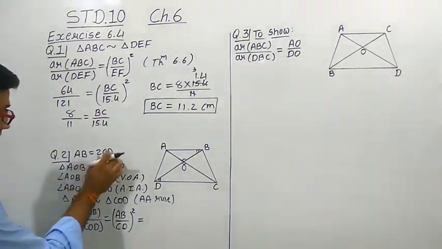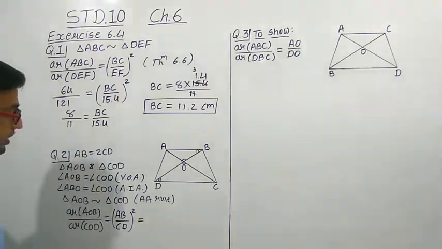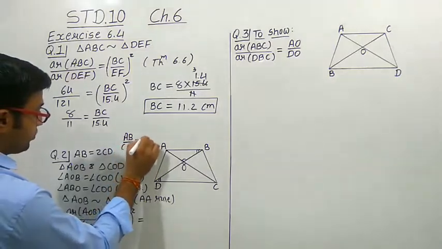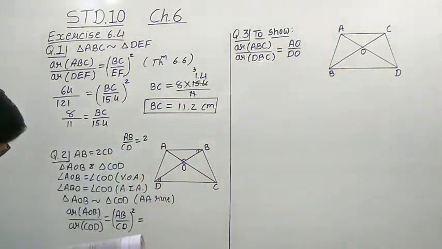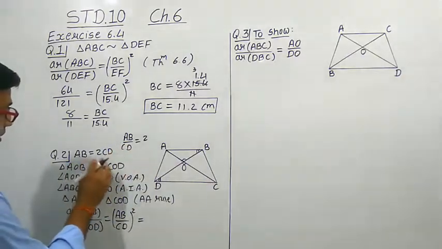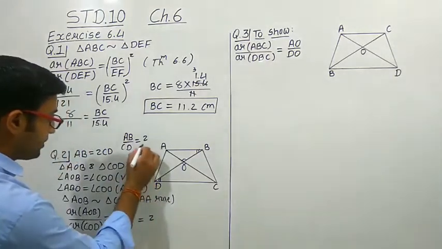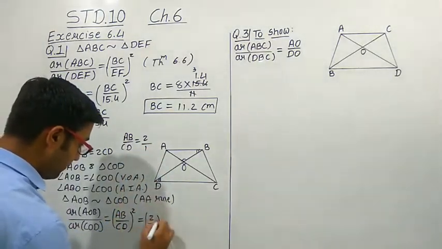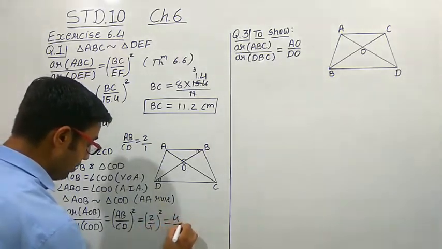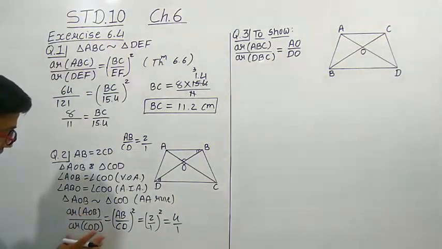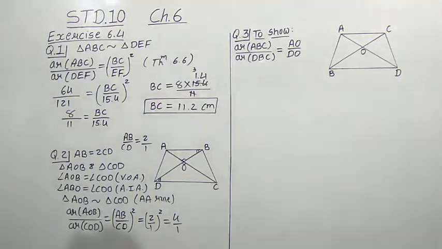So when we take CD to the denominator of AB, we get AB upon CD equals 2. So here put down 2, or we can simply say 2 upon 1, squared. That is 2 square is 4 and 1 square is 1. That is, the area of triangle AOB upon area of triangle COD, this is equal to 4:1. Right?